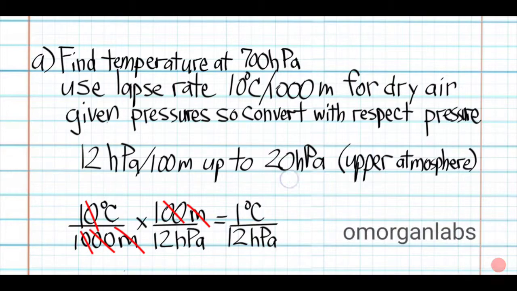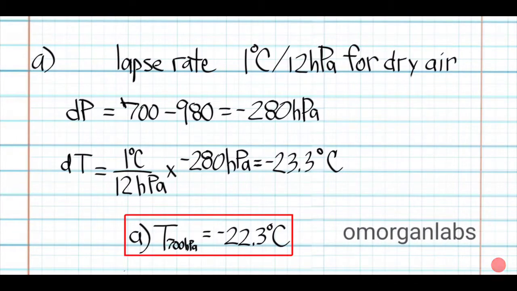That's all we want. So to continue part A, now we have our lapse rate in terms of pressure for dry air. I keep saying dry air. This is the assumption that you have to make to keep it simple. Okay, delta P is final minus initial, right? All deltas are final minus initial. So our final is 700 minus 980 is our initial.